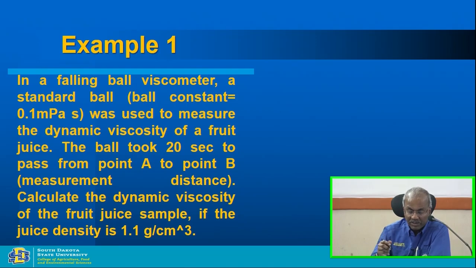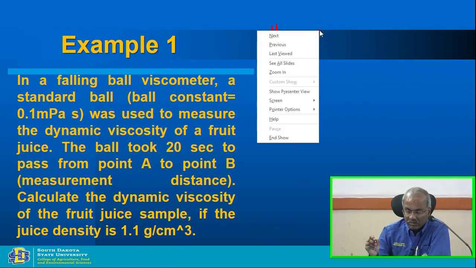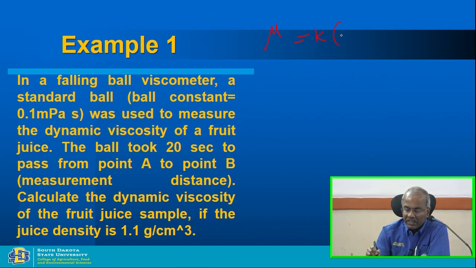So the equation is viscosity is equal to ball constant, K, times the density of the ball minus the density of the liquid, times the time it takes to travel the distance.